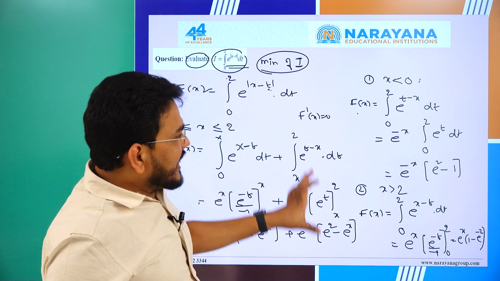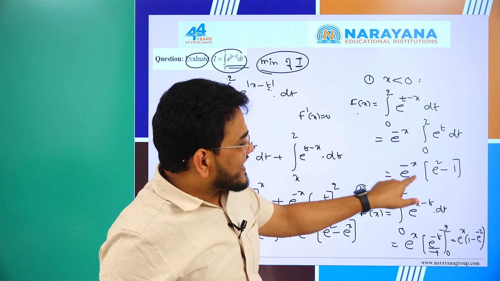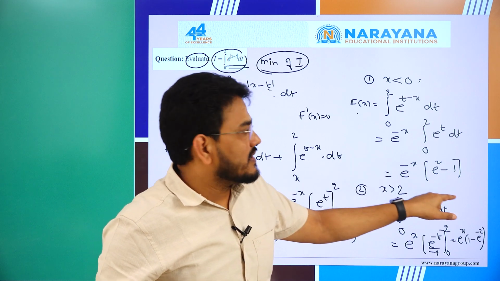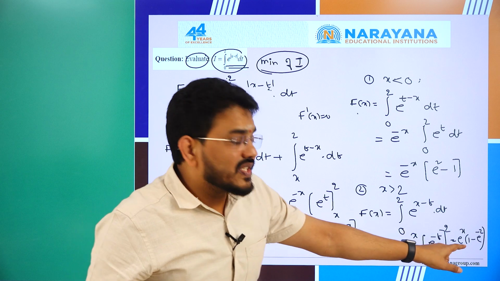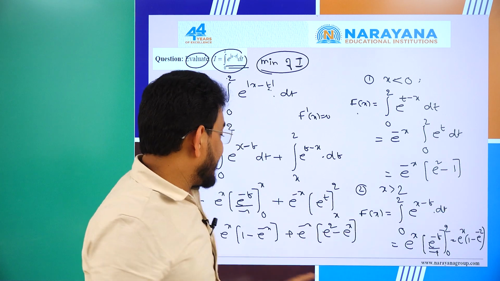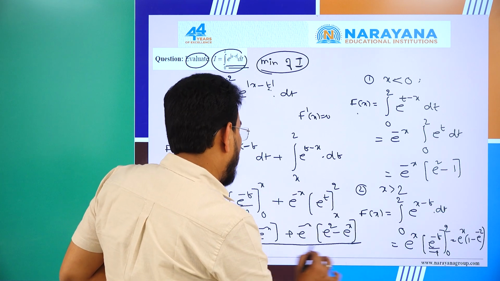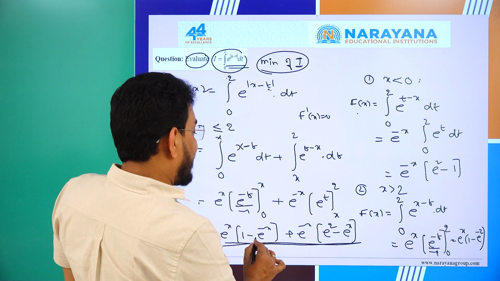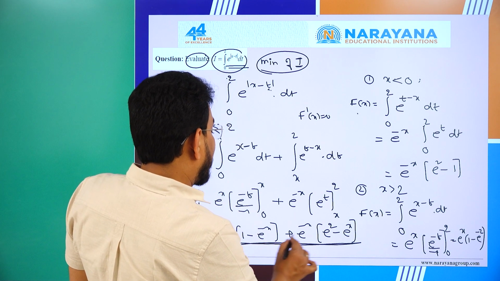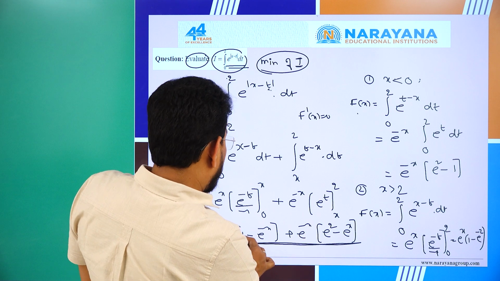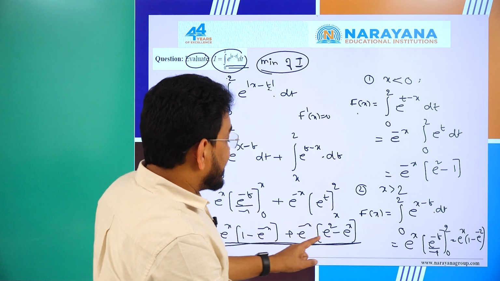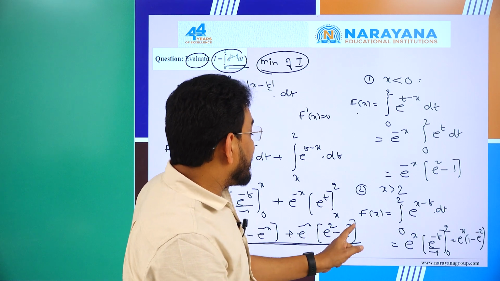Okay. So look at here, derivative of this one is decreasing, derivative of this one is positive, which is always increasing. So only this is where you need to get e power x minus 1 plus e power 2 minus x minus 1.